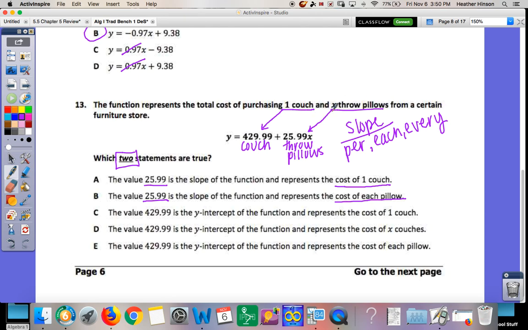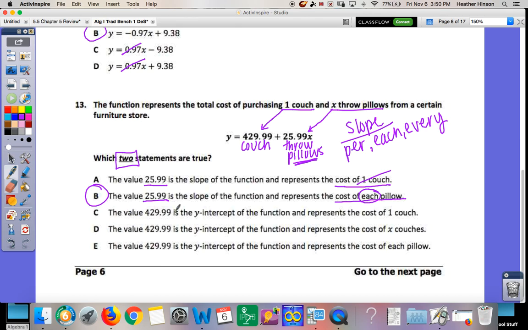X is throw pillows, so we know the slope, because it's with X, it has to be pillows. The couch was the 1 couch over here. That was the cost of the couch. So the couch is out automatically. And because we have each pillow, we know that $25.99 is the cost of each pillow. Look for your slope words and also look at what X is.